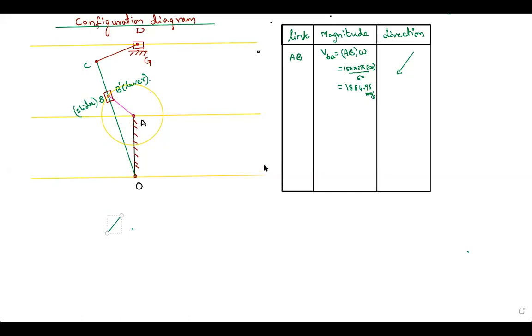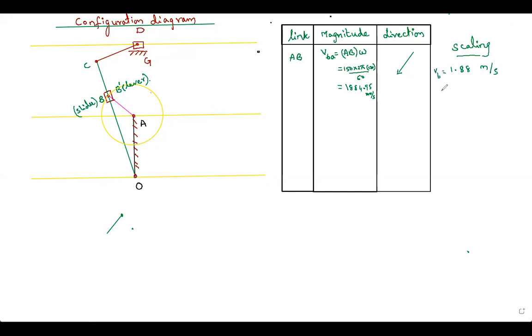So scaling can be done in many ways. Let's say I'll do it in this manner for scaling purposes. I'll convert it to meters first. 1.88 meters per second is the value of VB.